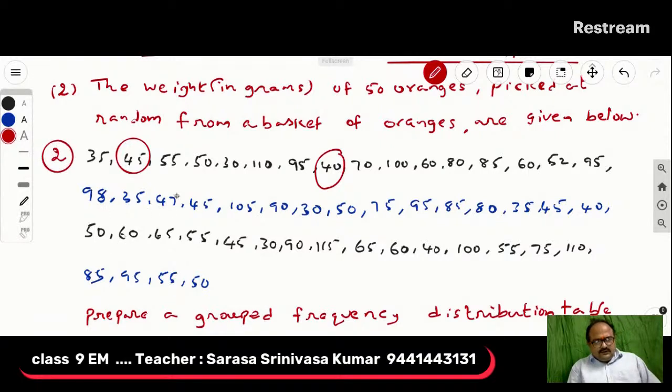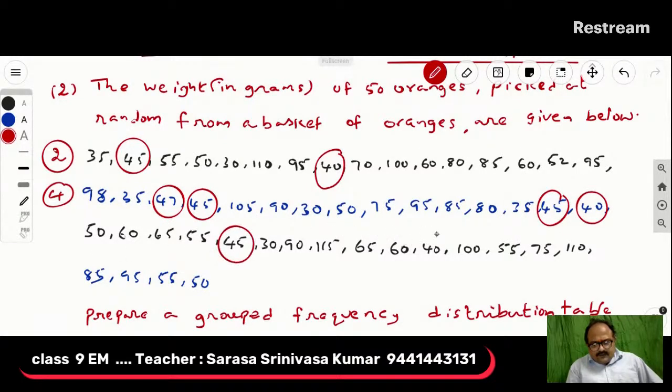In the second row, 47, 45, and next 45, 40. In the second row, 4 oranges are there having the weight from 40 to 49 grams. Next, in the third row, 45 and 40, so 2 oranges are there.